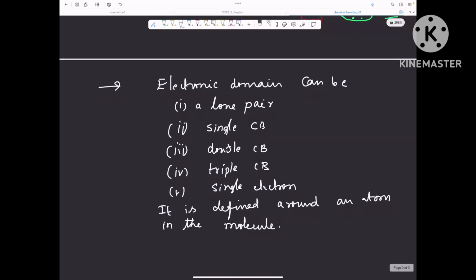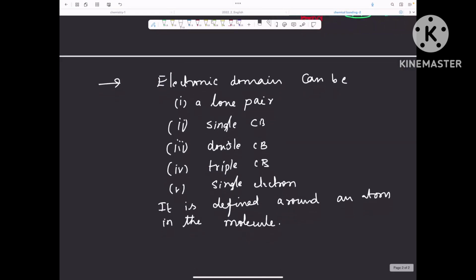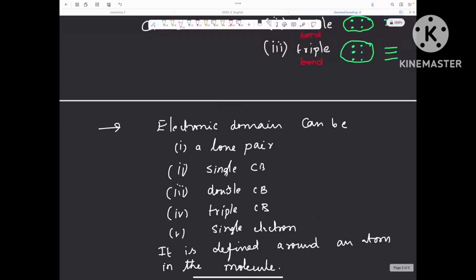So what is an electronic domain? It can be a lone pair, a single covalent bond, double covalent bond, or triple covalent bond, or a single electron. It is defined around an atom in the molecule. Let us see an example above.